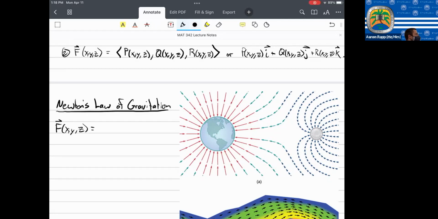If you're considering Newton's gravitational law for two masses that are side by side in space, it's the gravitational constant times the masses of the two objects, divided by the distance between them, times the vector xyz over r.